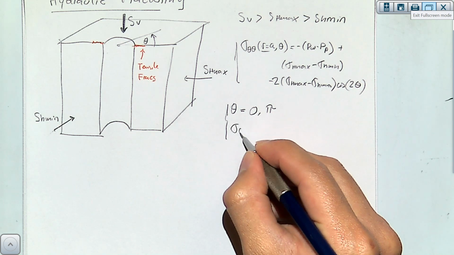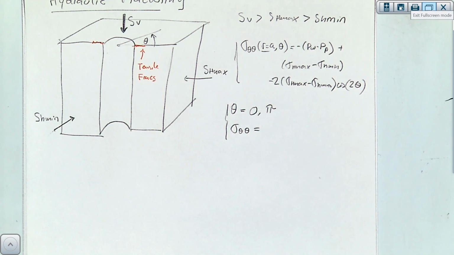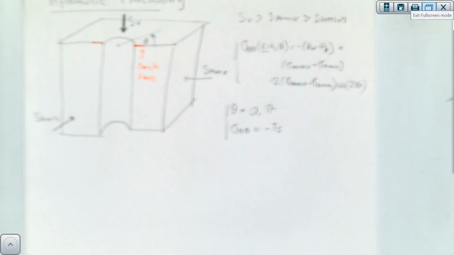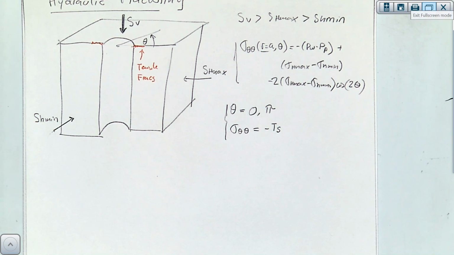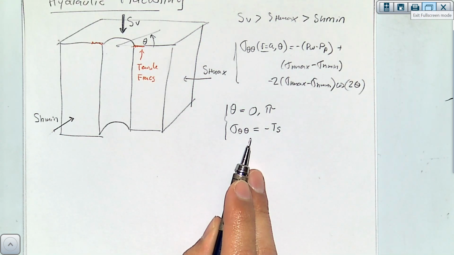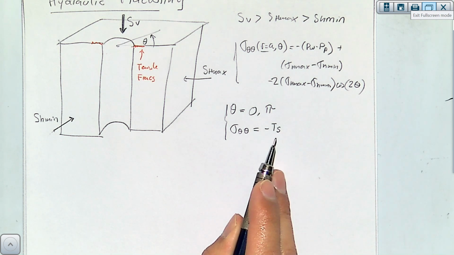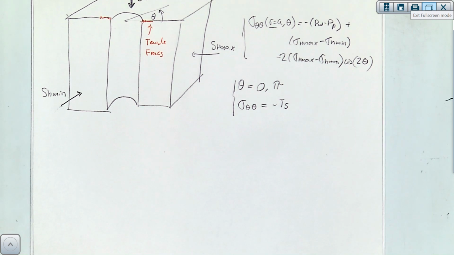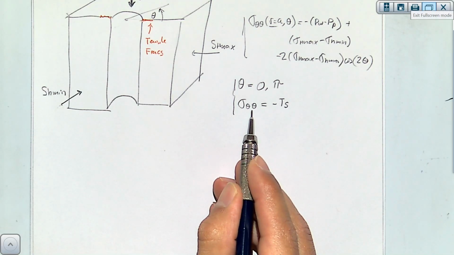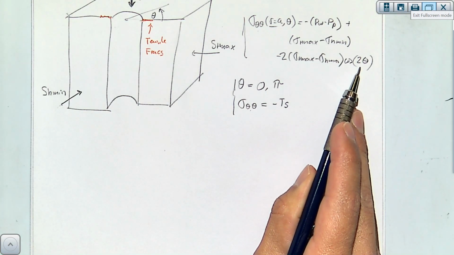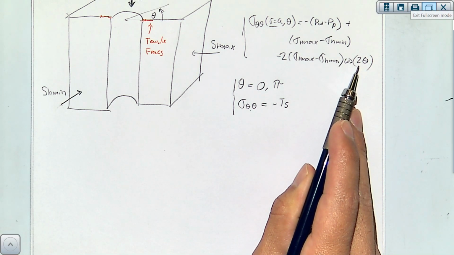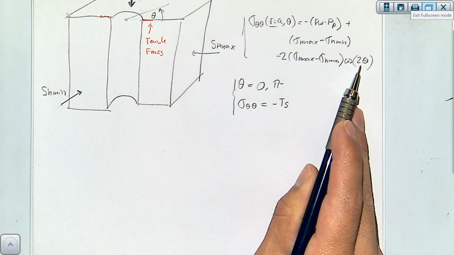And I'm also going to say that the hoop stress is going to reach the value of the tensile strength. If you have a tensile strength in the rock of 1,000 psi, well, the stress at that point is going to be negative 1000 psi in tension. And if we do that, basically by replacing the hoop stress by the tensile strength and making this cosine of 0 or 360, cosine of 0 is 1, and cosine of 360 is going to be 1 as well.